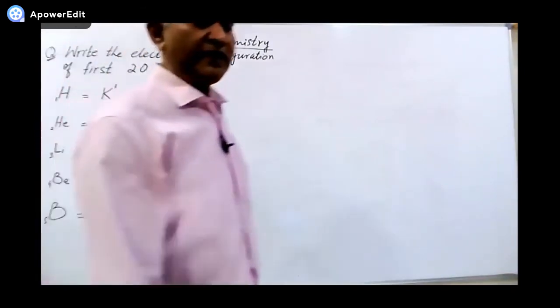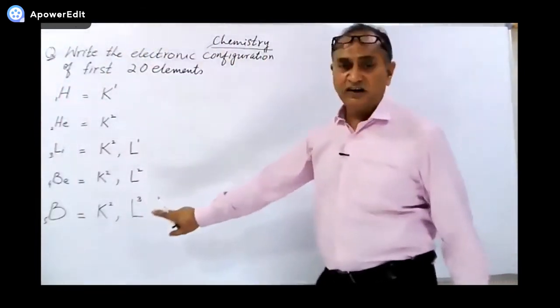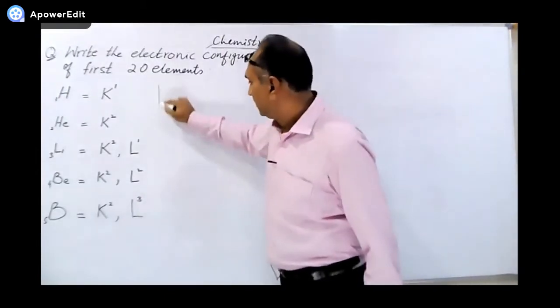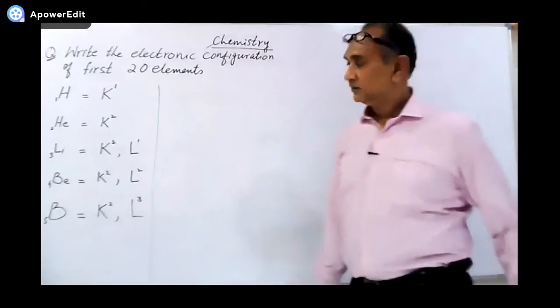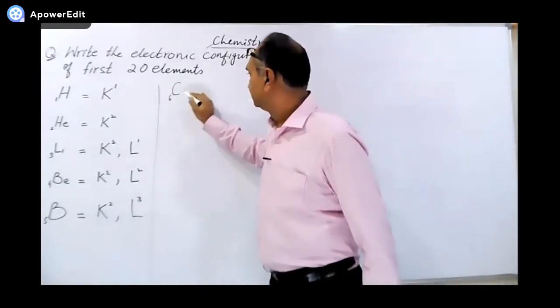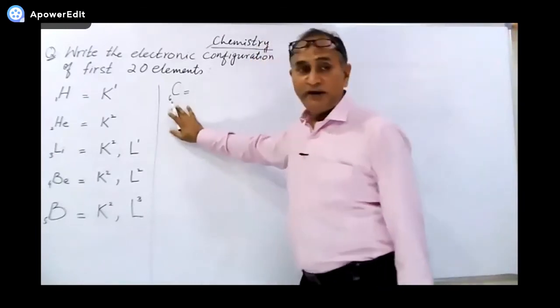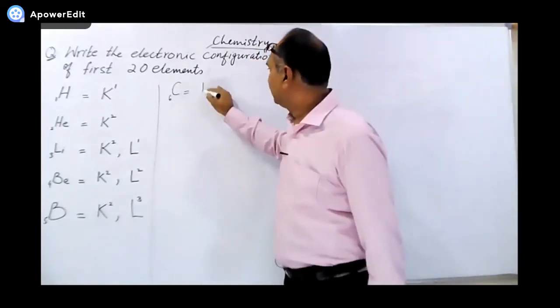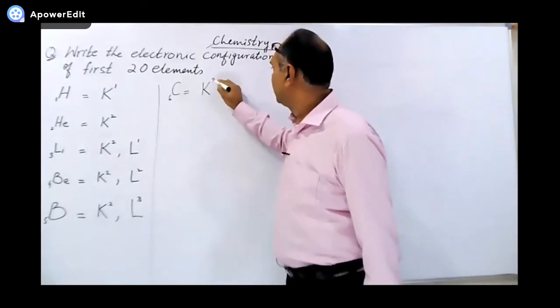Boron has how many electrons? 5 electrons. So 2 in the first and 3 in the second. Okay. Next is carbon.